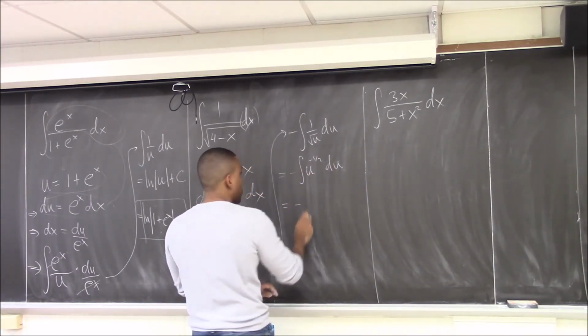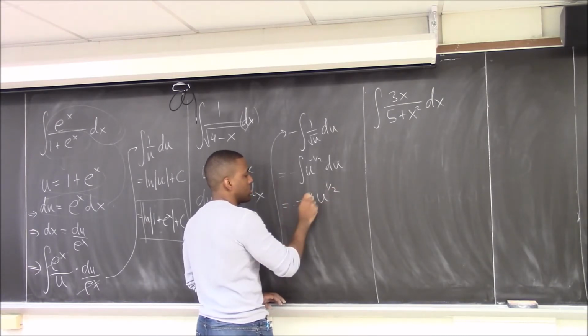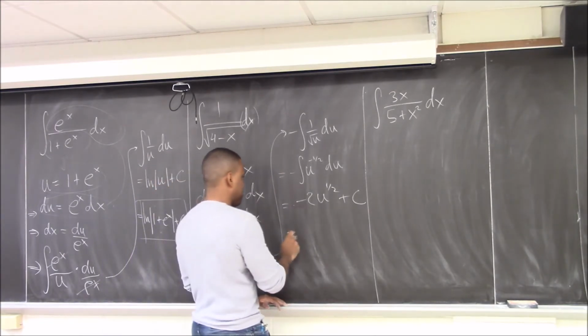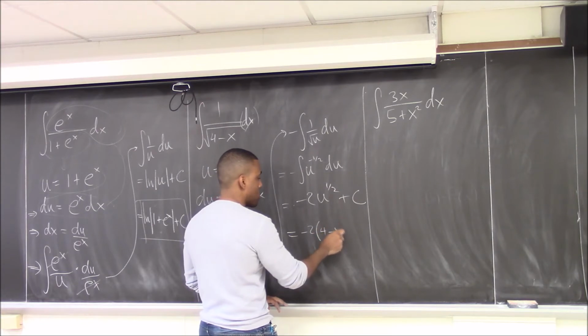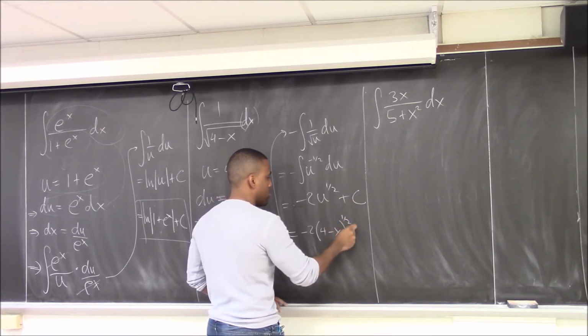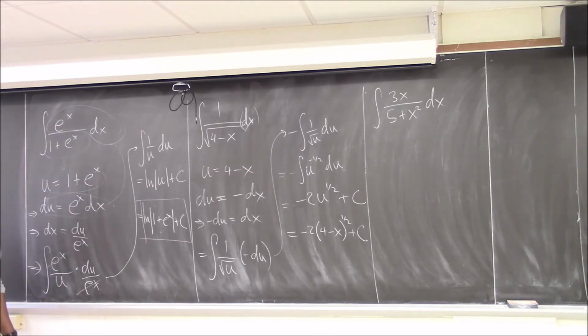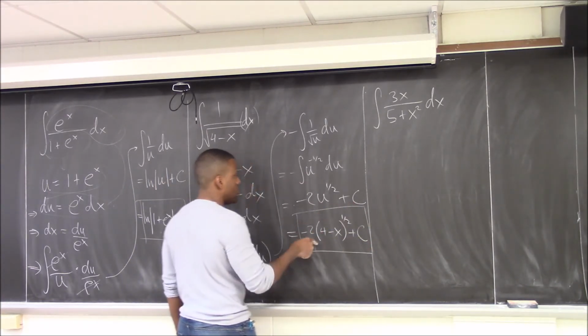And so I can apply the power rule. Add 1 to the power, divide by the new power, plus c. I can plug that in. Minus 2 times 4 minus x to the 1/2 plus c. And you can, again, check this: if you differentiate that, you do get this stuff.